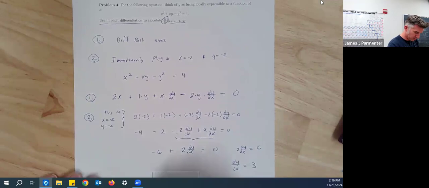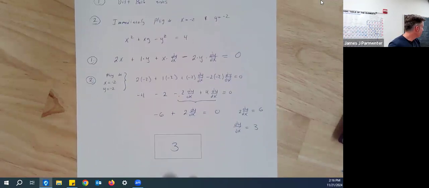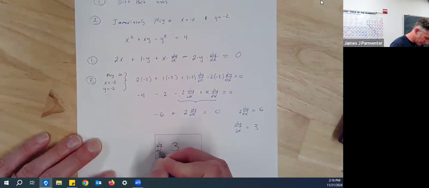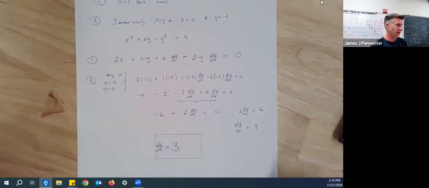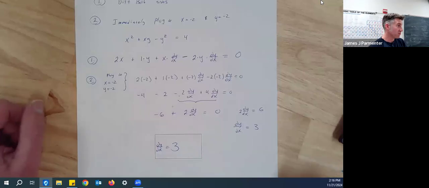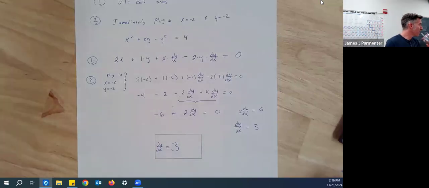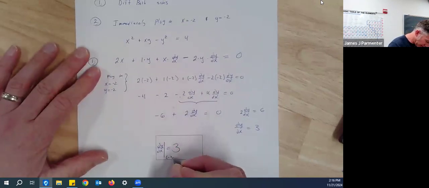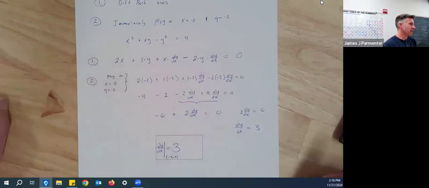So the answer is 3. I might feel compelled to write dy/dx equals 3, but you shouldn't actually have to write that. The answer is just 3. Actually, you should probably write dy/dx evaluated at (-2, -2) is equal to 3. It's probably the more correct thing to write there.